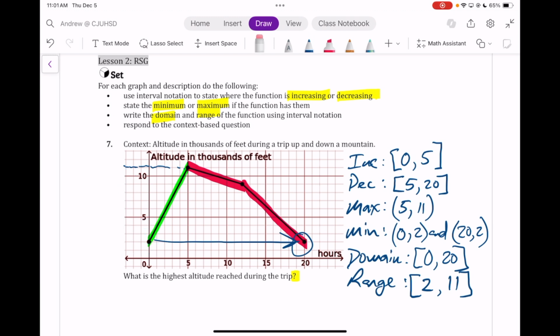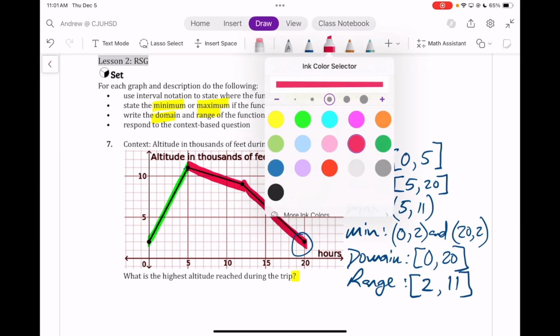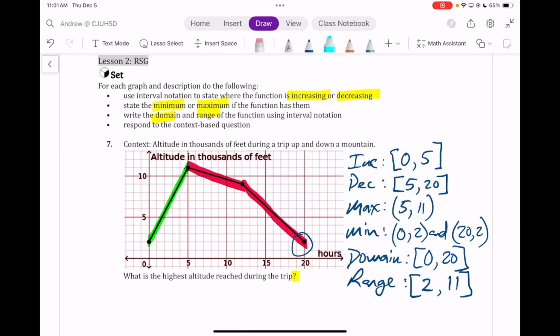Now, the question at the bottom, what is the highest altitude reached during the trip? Okay, notice this. At the top of the graph, it says altitude in thousands of feet. So these numbers on the y-axis, they are actually times 1,000. So since our highest point was 11, right, on our maximum you can see 11, on our range you can see 11.